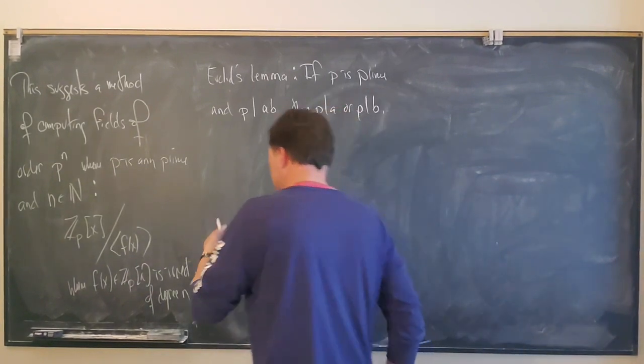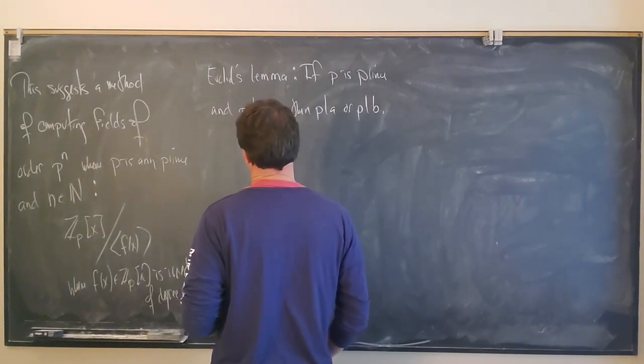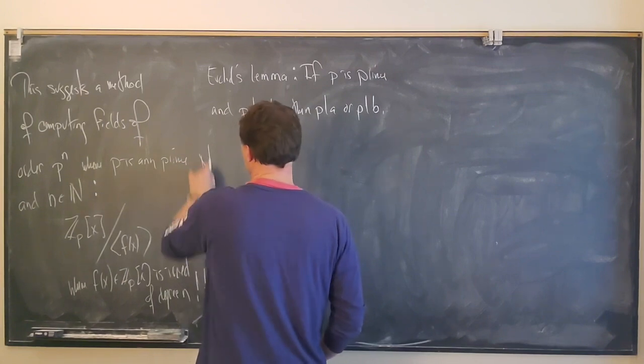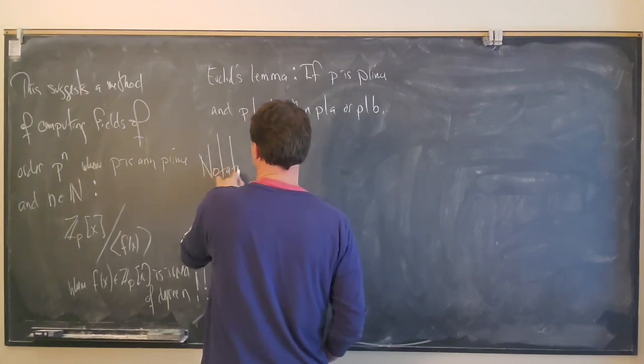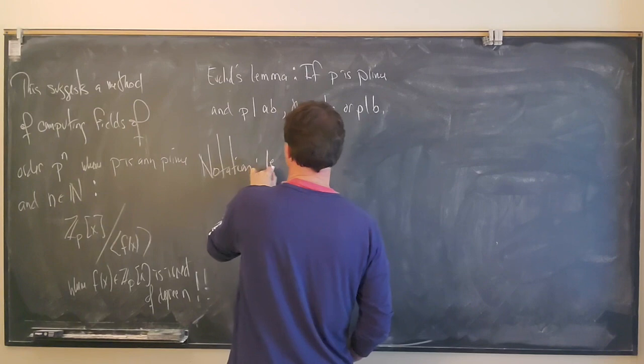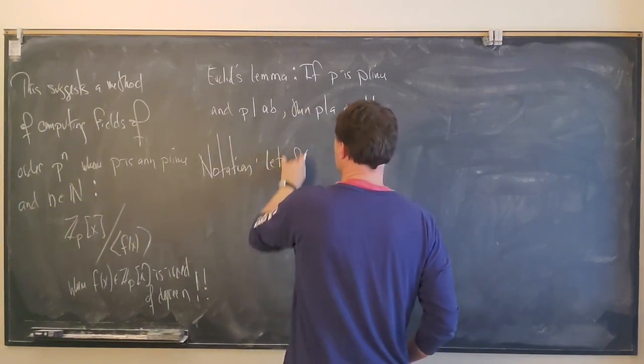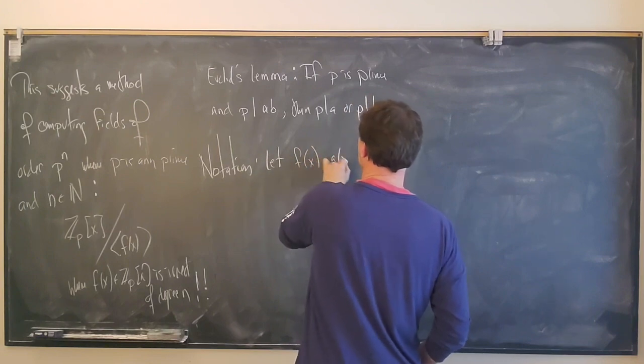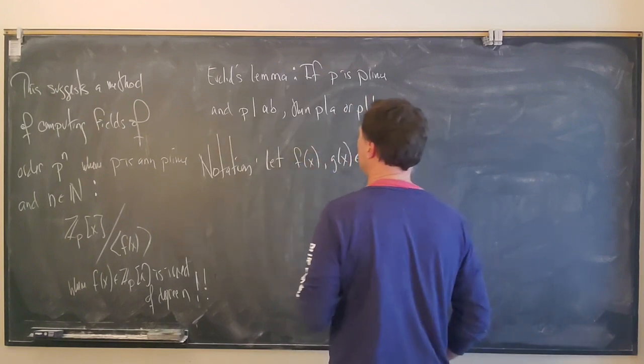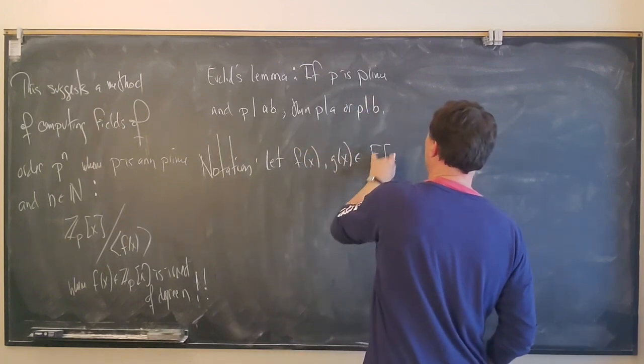So first, let me say this. Here's some notation. Let f(x) and g(x) be in F[x].